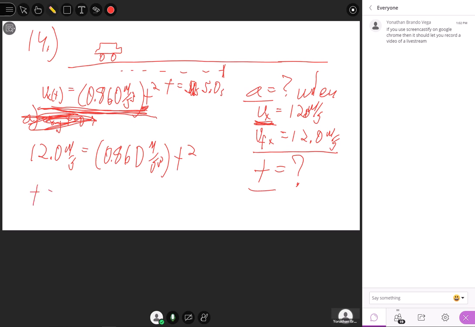We wind up with t is equal to the square root of 12, and we get an answer of 3.73 seconds.